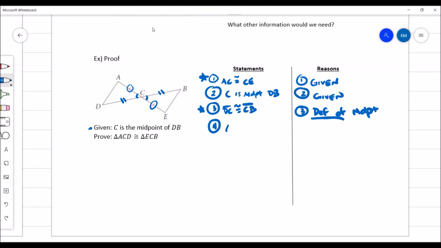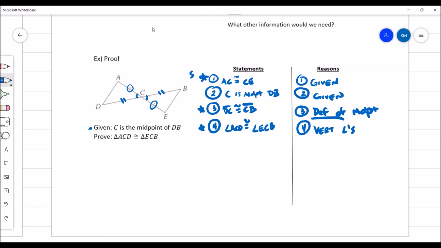And so now I have angle ACD is congruent to angle ECB because vertical angles are congruent. And I'll just say vertical angles, it'll be my little shortcut here. And again, I was able to mark this on my diagram. And so now I see I have 3 marks. Okay, and I'd say, do I have a shortcut?